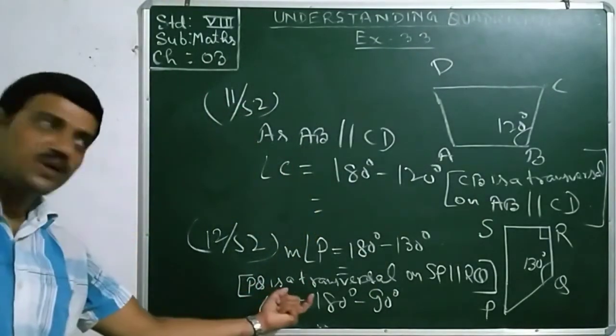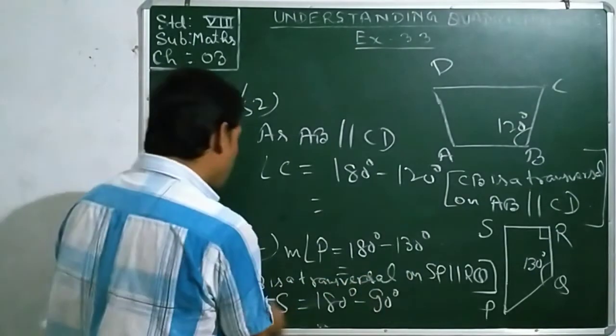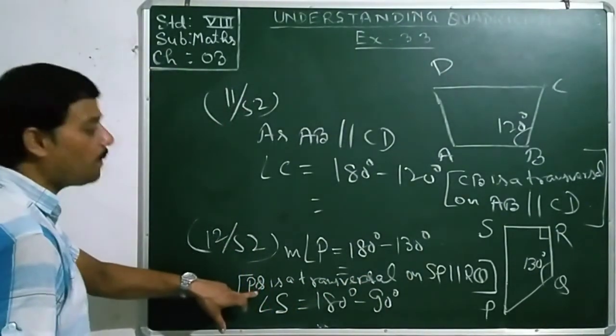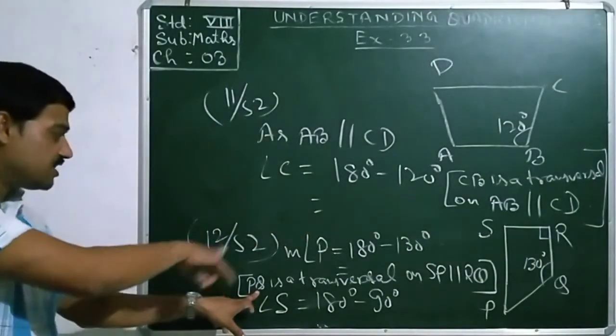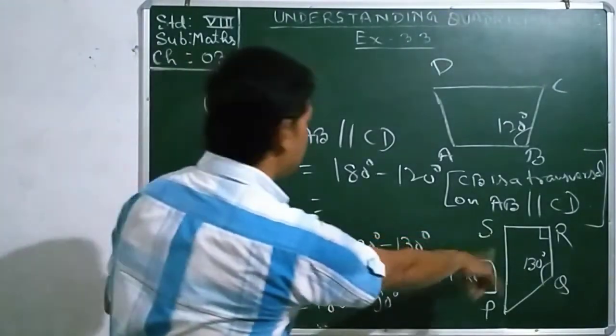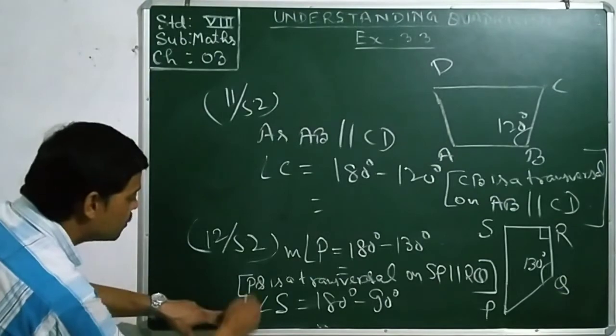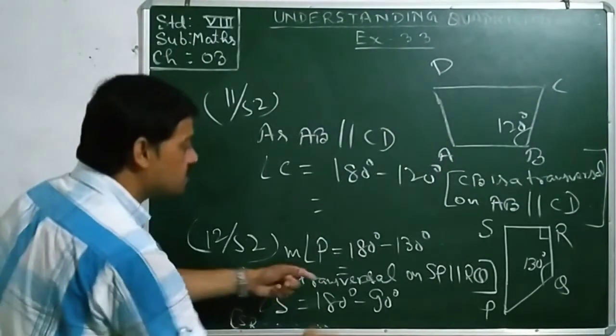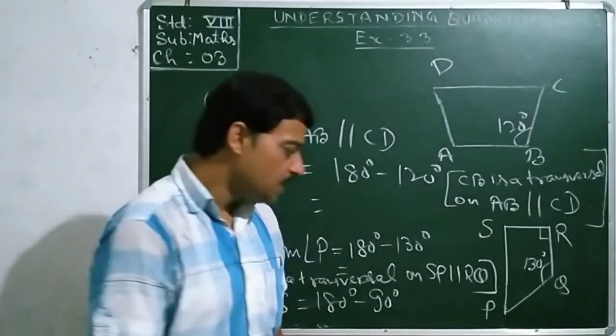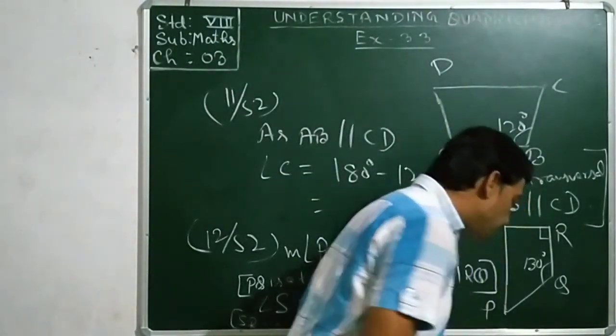Reason, once again, you can write only the name of the transversal will be, instead of PQ, SR. SR is a transversal on SP parallel to RQ. Instead of PQ, SR is a transversal, same language as I have used here. Do it and complete the exercise.